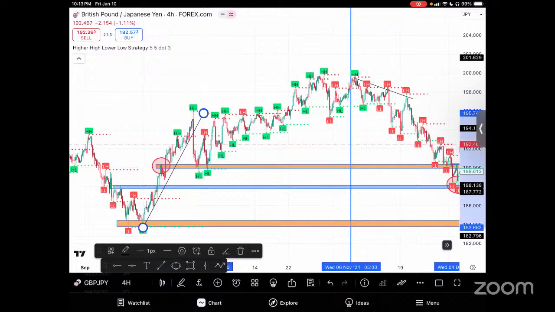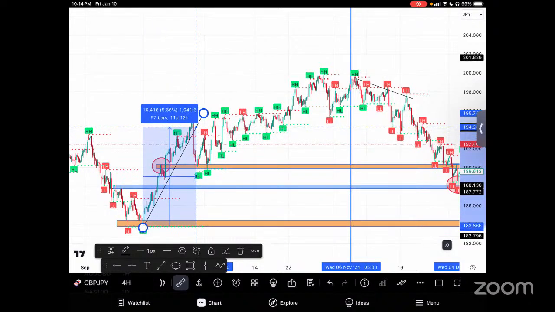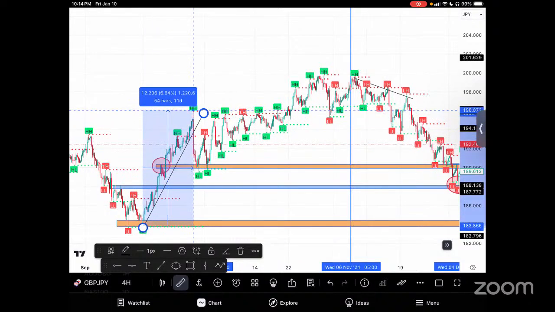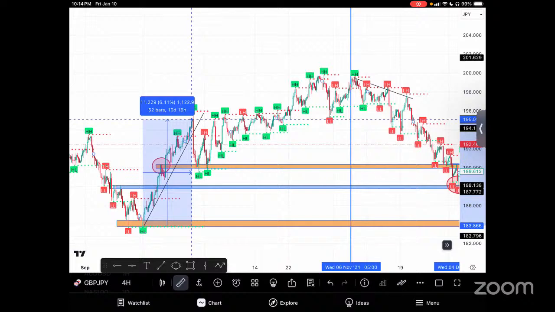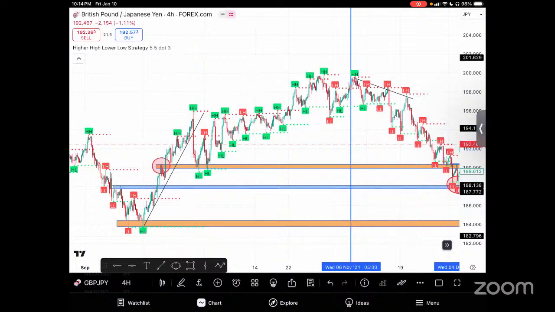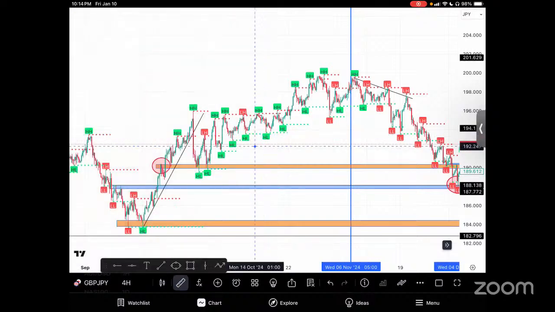So how many pips would that be if you took this trade from the low? It would have been a little over 1,000 pips. But let's say you only got in right here.